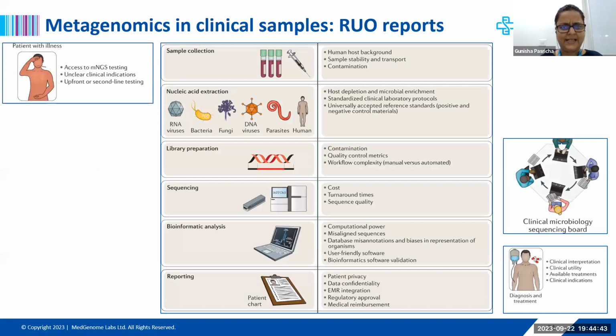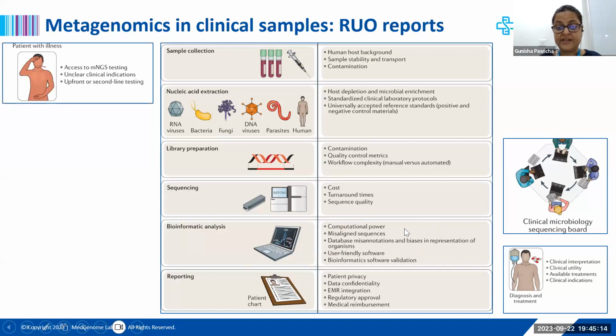Interpretation, again, is very important, and unified diagnostic criteria are unavailable right now. This slide tells you all about what I mentioned: the challenges of human host background, contamination, host depletion, and obviously cost, but as mentioned, the costs are coming down. Turnaround time is higher for now, but we are working towards making it less than 24 hours, because that's most crucial for a sepsis patient.